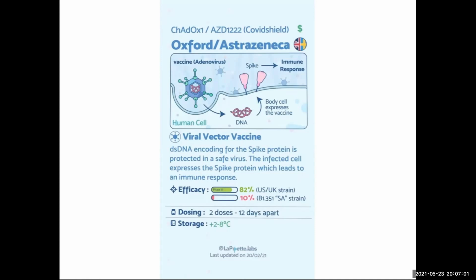This is how it works. It is generally believed to have an efficacy of 82%. What is meant by this is, when compared with a group where this vaccine was not given, the group that had the vaccine has 82% less chance of developing severe disease. Mind you, severe disease. They might still develop asymptomatic infection, but they have a much lesser chance of developing severe disease. Okay, so that is how the Oxford vaccine works.